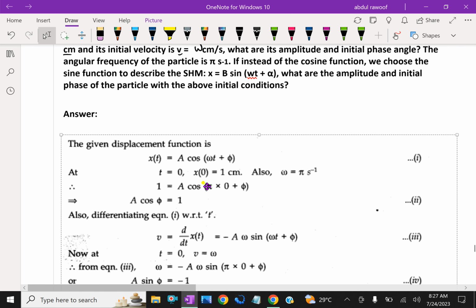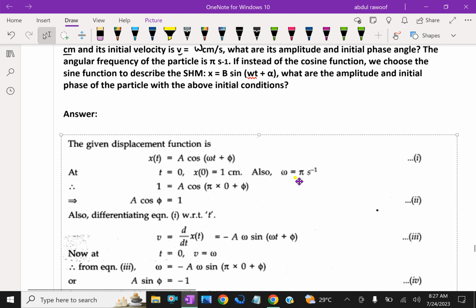A given displacement function is x_t = A cos(ωt + φ). Here apply the initial condition t = 0. Putting 0 instead of t, x_0 is 1 centimeter.